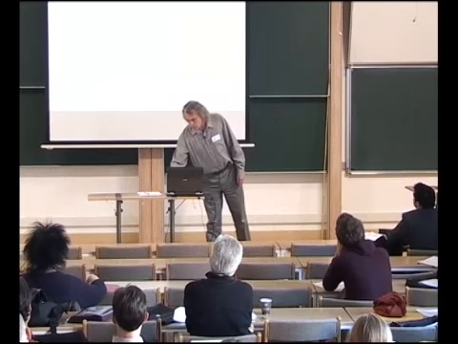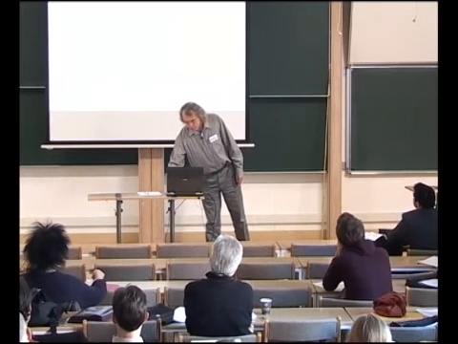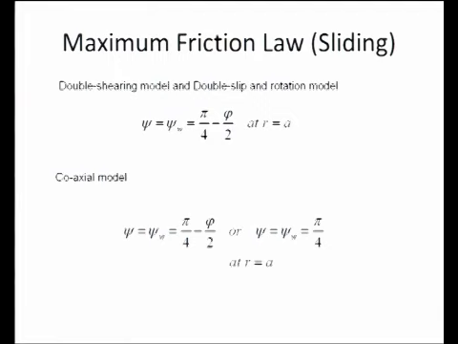This system of boundary conditions is valid in the case of sticking, but we may have sliding here, and to describe this sliding, we assume the maximum friction law. Its mathematical meaning is that the friction surface coincides with an envelope of characteristics.